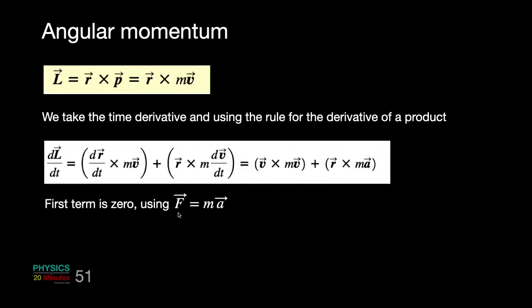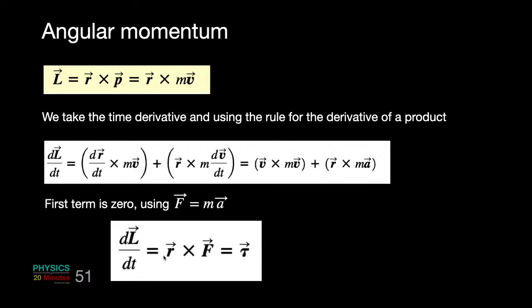ma is nothing but the force. So this can be written as r cross F. But r cross F is, we have just defined, the torque acting on the body. So what does it mean? It means the torque acting on the body is equal to dL by dt, or rate of change of angular momentum. So remember, this is another equivalence of Newton's second law being written for rotational motion.